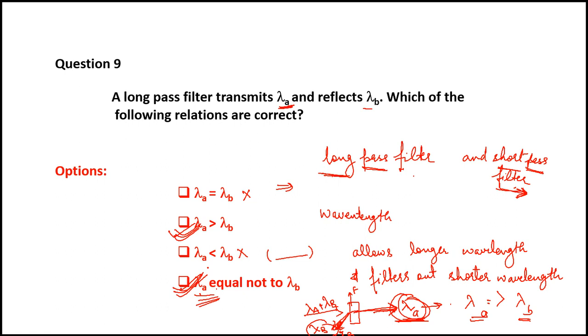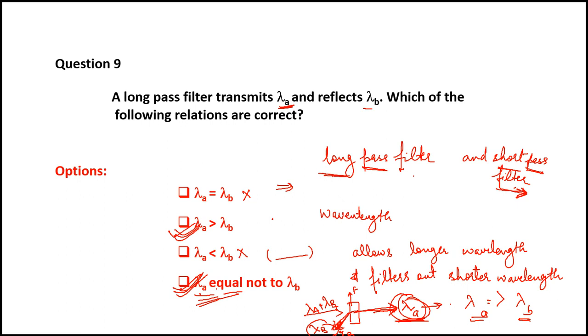Sometimes you will get these multiple select questions where more than one option is correct for the same question, and you need to be careful while selecting the options, because although this is not a direct answer for this question, it is still an answer.